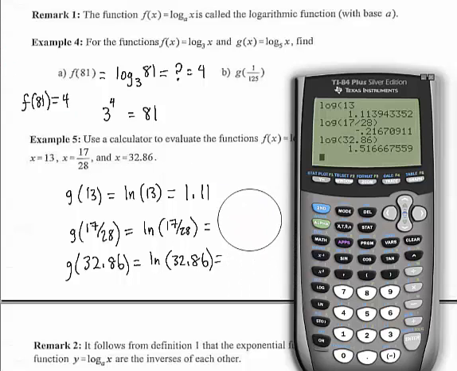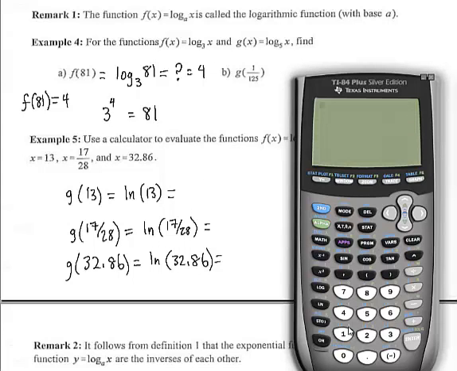So I'll remove these three numbers that we got from our calculator, and now I'll simply just go back and hit the ln button for the same three numbers: ln of 13, ln of 17 divided by 28, and then ln of 32.86.